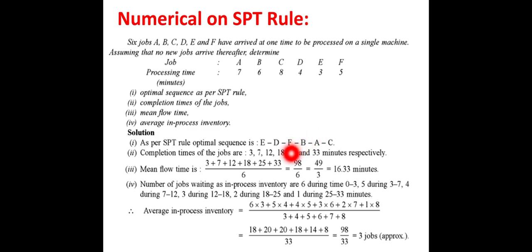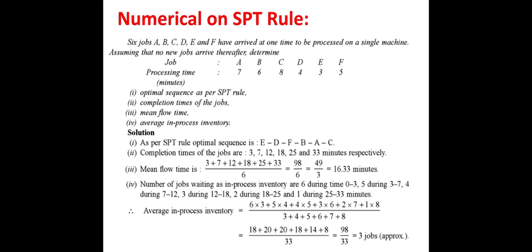Next is F, that is 3 plus 4 plus 5, which will be 12, and similarly it applies for B, A and C. So you need to add the corresponding processing times to the earlier jobs' completion time.